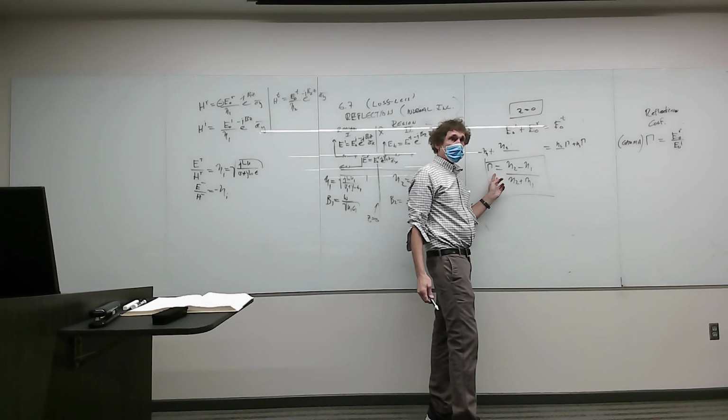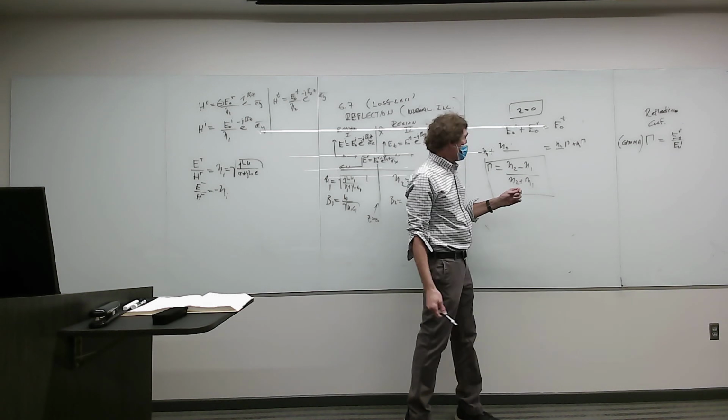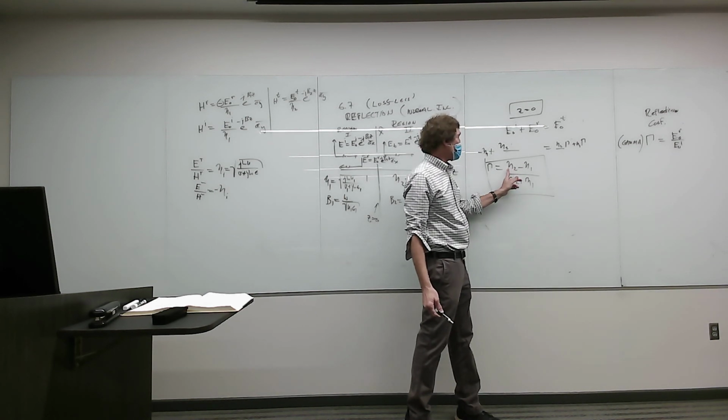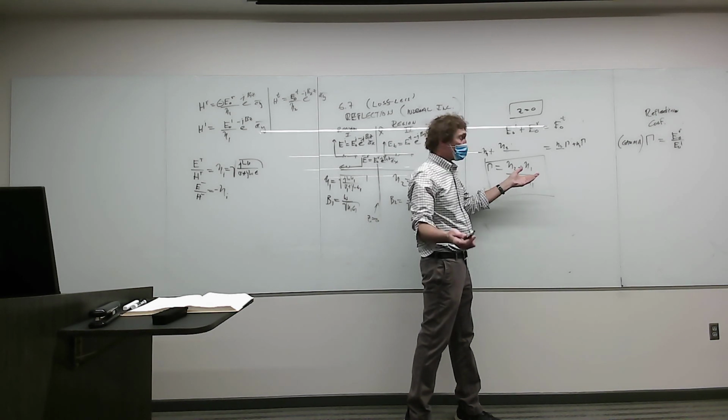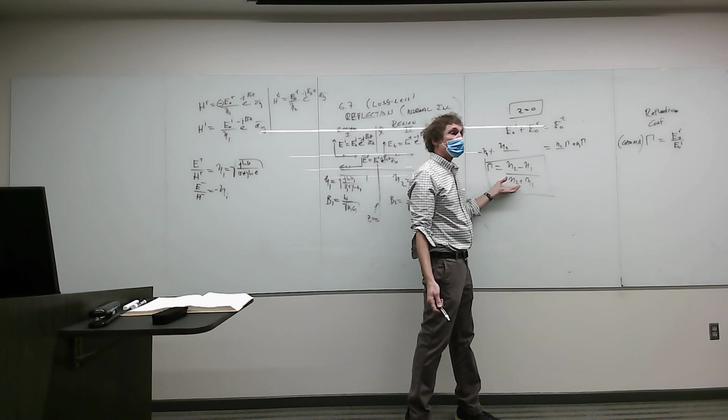What's the worst case? Well, the most reflection would happen when one of these is overwhelmingly larger than the other. Let me show you. What happens if η2 is 1,000,000 times η1? Now I have 1,000,000 times η1 minus η1, which is about 1,000,000 η1, divided by 1,000,000 times η1 plus η1, which is about 1,000,000 η1.